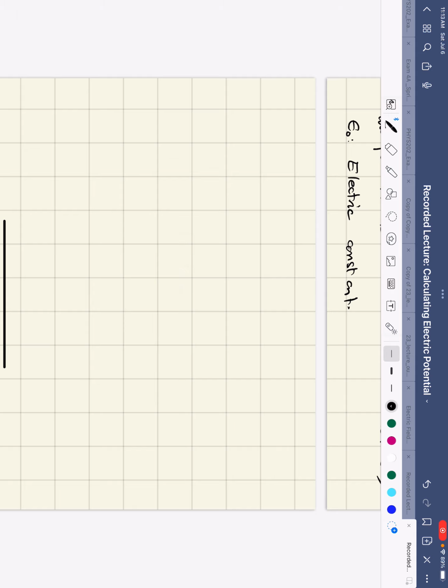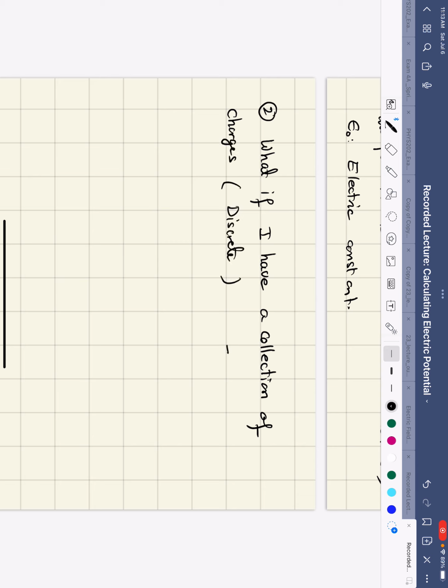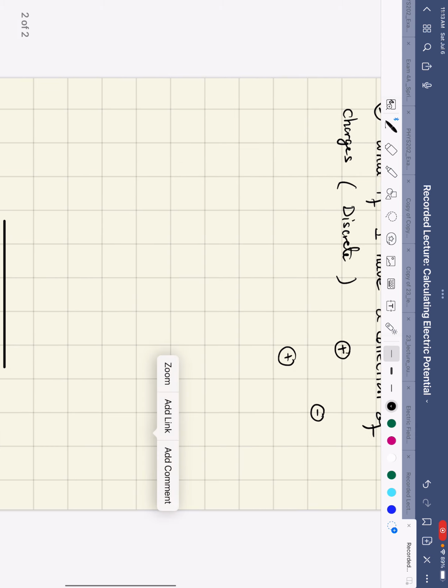Now, what if I have a distribution or a collection of charges, and these are not continuous, they are discrete? Discrete means you have maybe one charge here, another charge here, another charge here. It's not a continuous distribution of charge.